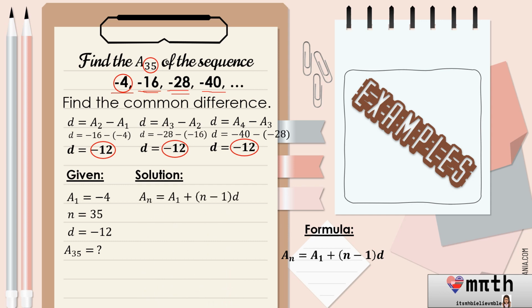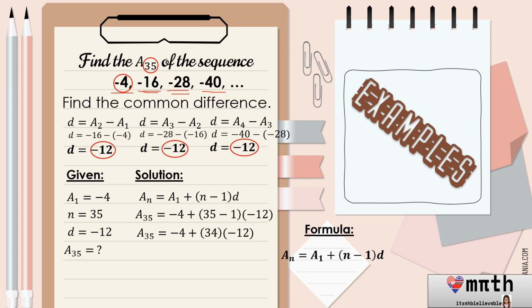So, substituting the values to the formula, a sub 35 equals negative 4 plus 35 minus 1, multiplied by negative 12. So, simplifying 35 minus 1, that is 34, then bring down the rest of the values.